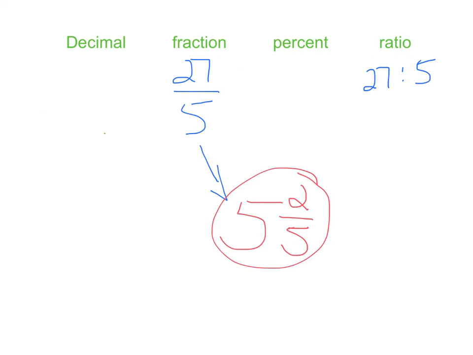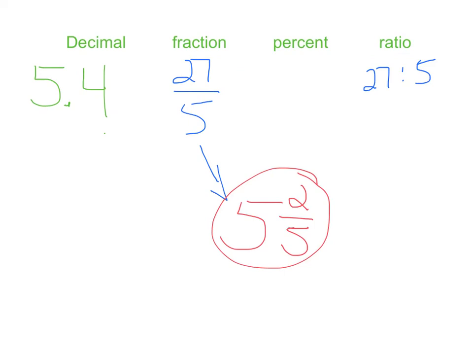If that's my fraction, my decimal is going to come from that. Remember, fraction to decimal is just numerator divided by denominator. But if we have a whole number in front of that fraction, that's going to be the whole number in front of my decimal. So that's going to be 5 point something. I just have to take 2 divided by 5, and 2 divided by 5 is 0.4.